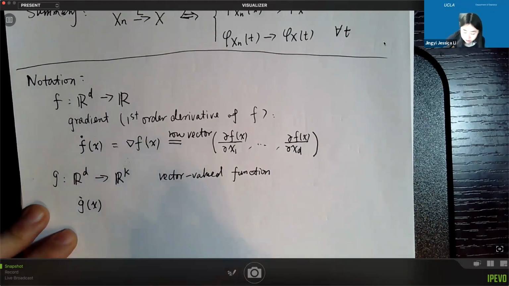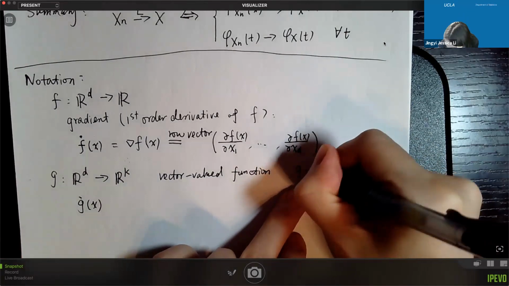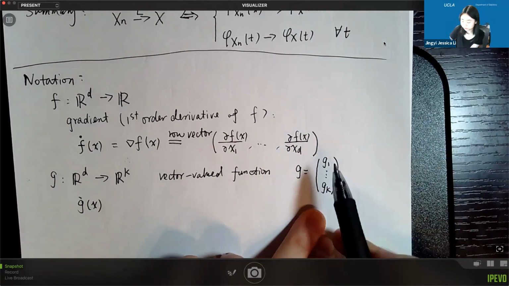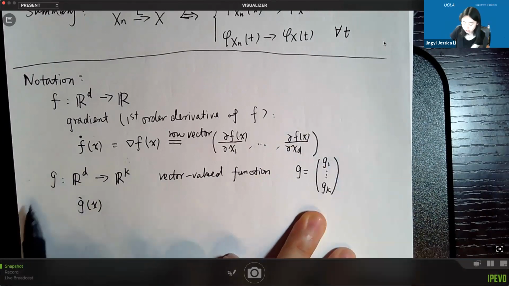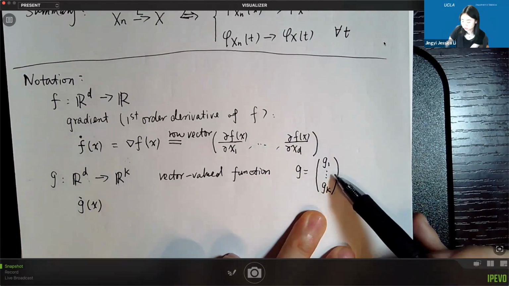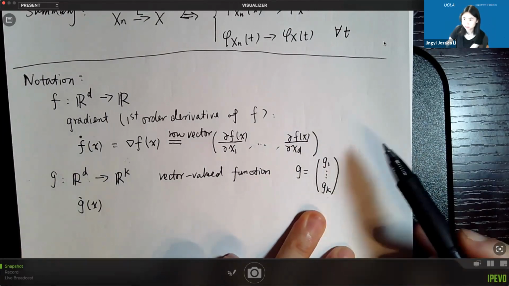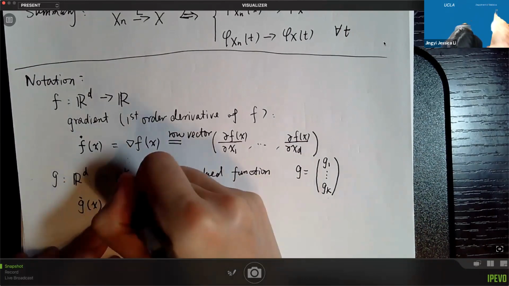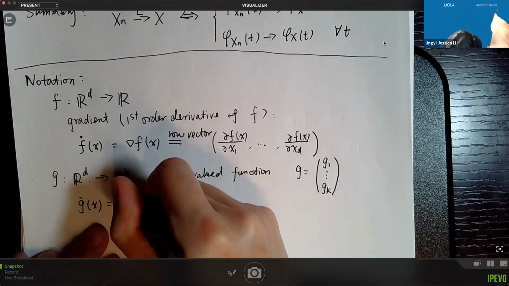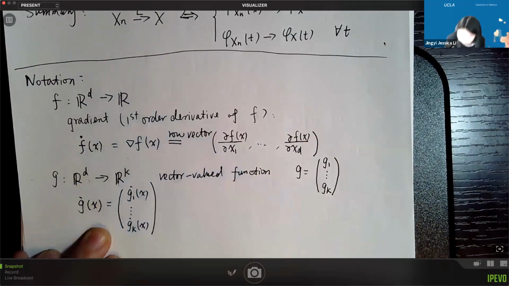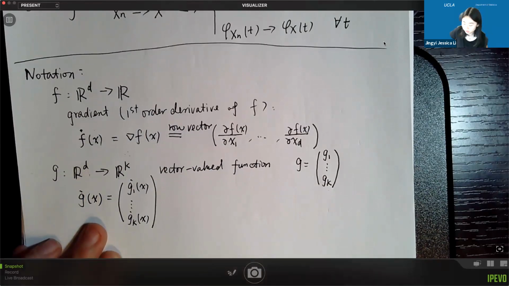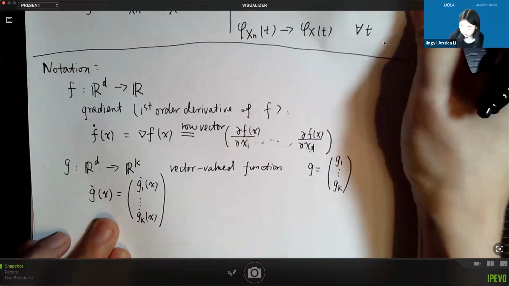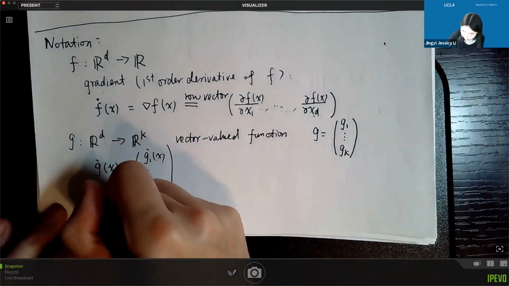Because g itself we can write as a vector, g1 to gk. It's like a vector of functions. Every g-sub-i maps from Rd to R, so every g-sub-i is a scalar valued function, but together they form a vector valued function. The first order derivative of g is g1 dot to gk dot. Now you see the convenience of defining the gradient as a row vector, because g dot is then a k by d matrix.